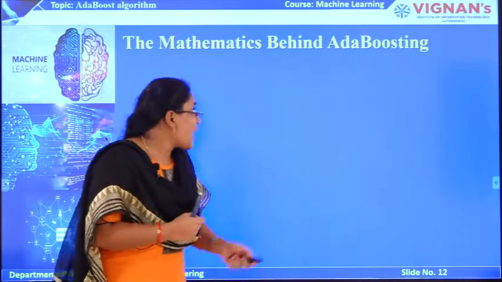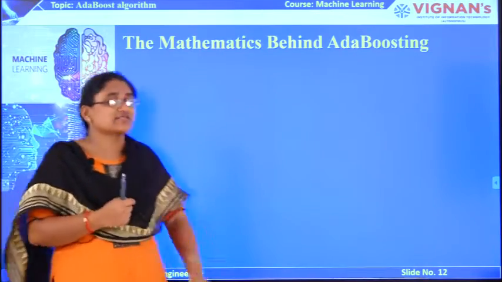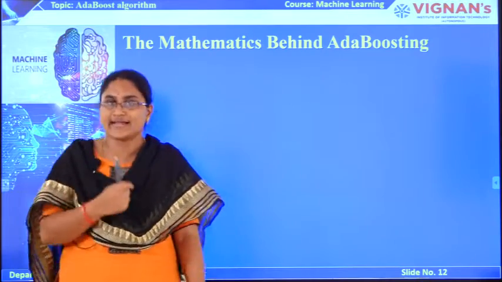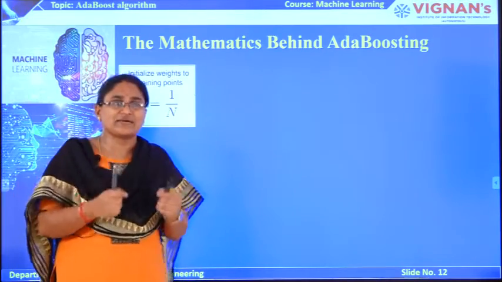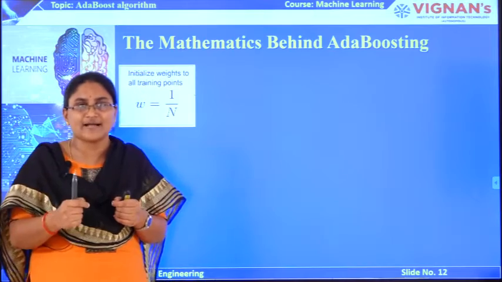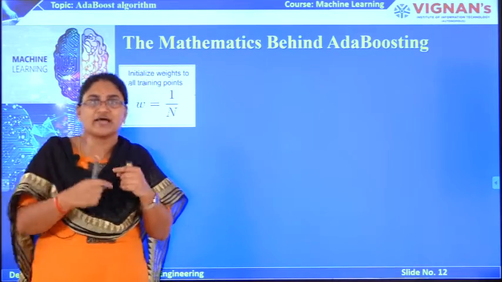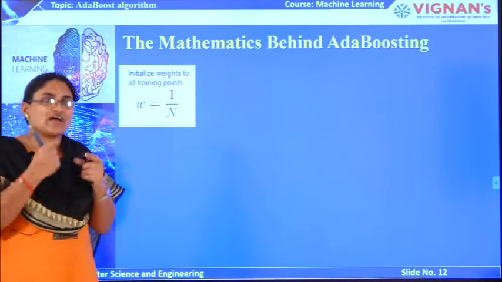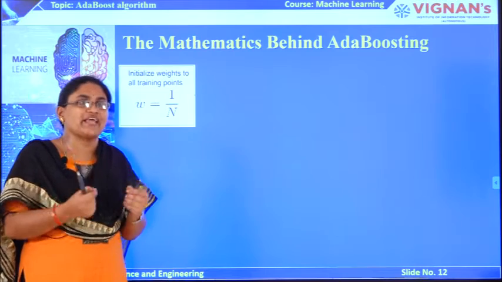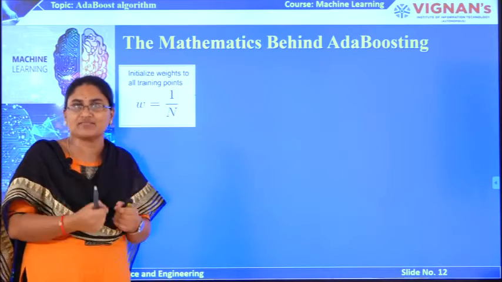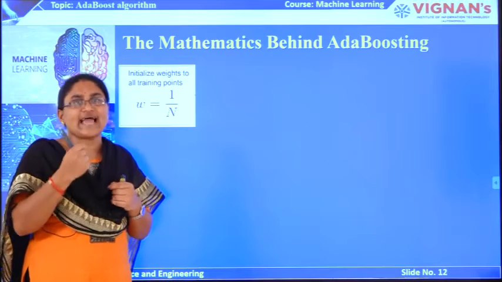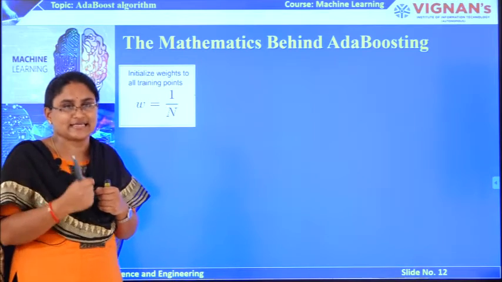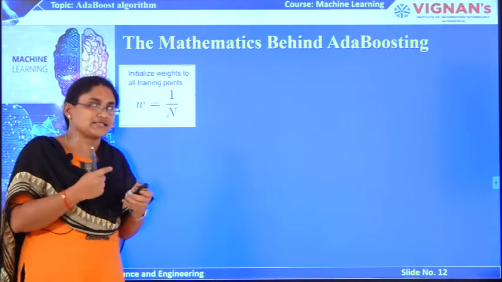Now let's see what the mathematics behind the AdaBoost algorithm is. Here we will discuss the mathematics behind the AdaBoost algorithm step by step and equation by equation. As we know, the very first step in our AdaBoost algorithm is to assign equal weights to all the data points in a given data set before applying the first data stump, right?